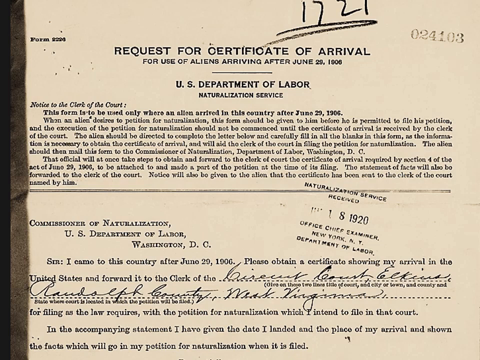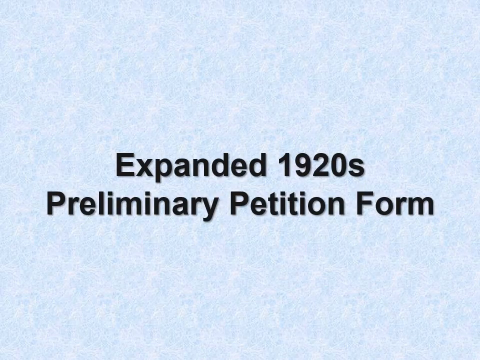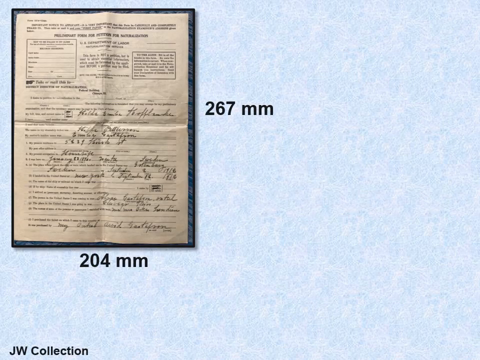And in addition to that, there's an accompanying statement giving where I landed and the place of my arrival. There's an expanded form, and there were lots of different variations of these forms in the 1920s. I happen to have a partially filled-in form, and you can see here what it looks like and its measurements. It's a 4-page form.